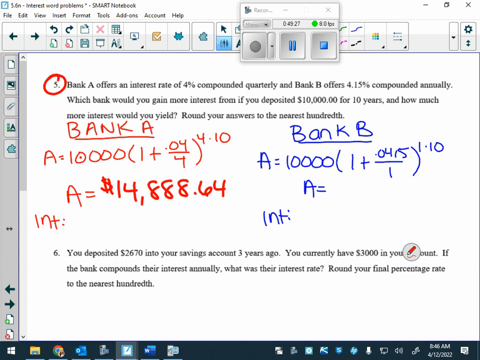What's the difference between those two numbers? That's your interest, okay? You only deposit 10,000 and it's gaining interest, which was $4,888.64.